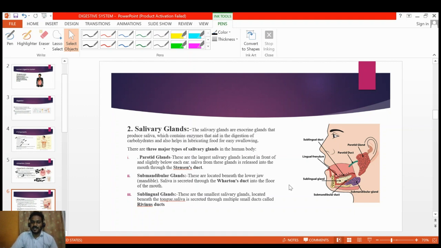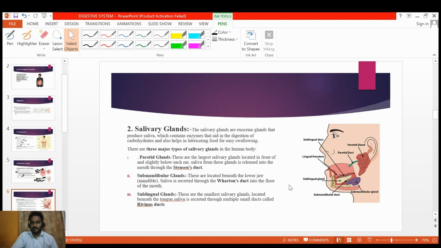As the food is mechanically digested by the teeth, saliva gets mixed with it, and with the help of the tongue it forms a bolus, so that it can be swallowed through our neck region to the oesophagus.